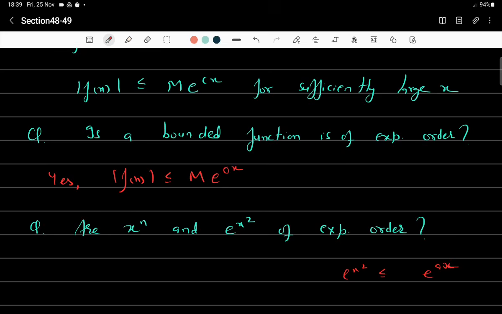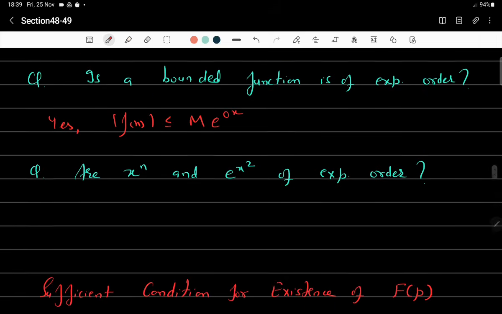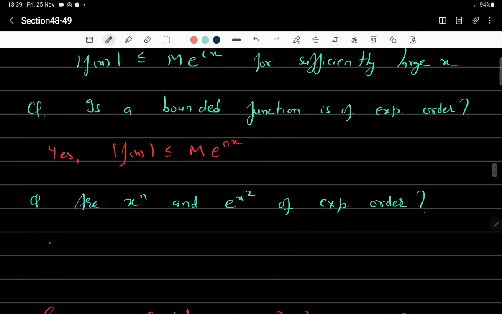So if I talk about x raised to the power n first, then I know that e raised to the power ax can be written as the series with the term x raised to the power n a raised to the power n by n factorial, which is for sure greater than x raised to the power n a raised to the power n by n factorial.